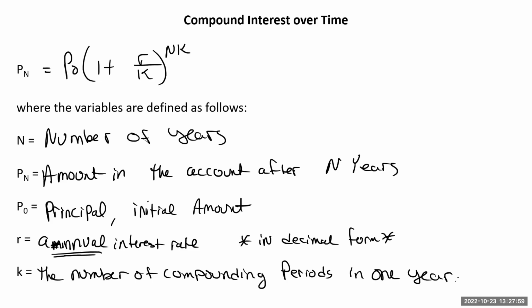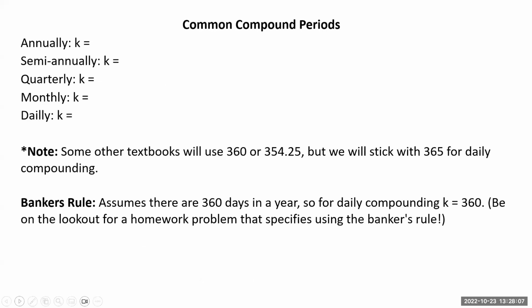All right, so let's take a look at some common compounding periods here at the top of the next page. If you have annual compounding, that just means once. Semi-annually, twice. Quarterly, think about 4 quarters in a dollar, so that's 4 times a year. Monthly, there's 12 months in a year, so 12.